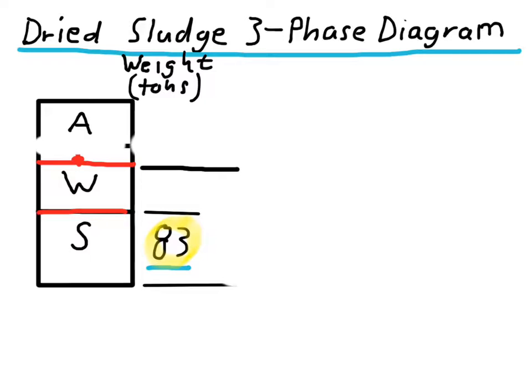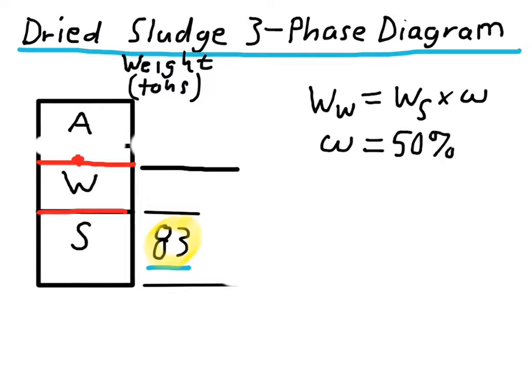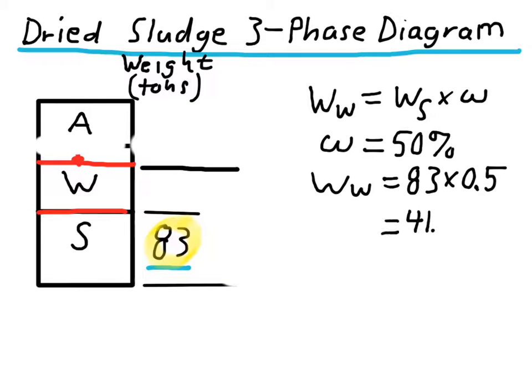So we need to compute that amount of water now. Well, we know that the weight of the water is equal to the weight of the solids times the water content. We're given that the dried sludge has a water content of 50%, so all I need to do is multiply the 83 tons of solids times 0.5, and that's going to give me the weight of the water, which is 41.5 tons. I'm going to write that in my three-phase diagram.